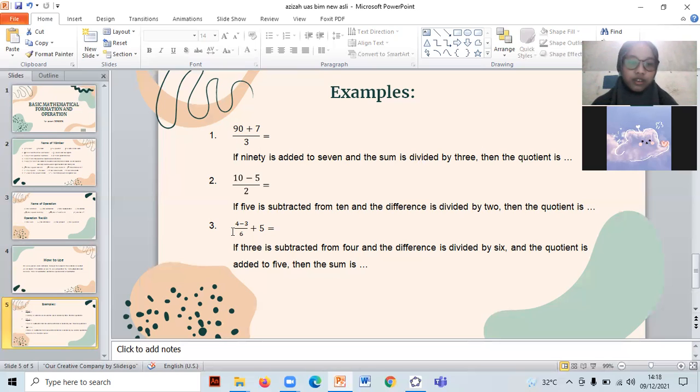Next, number 3, if 3 is subtracted from 4 and the difference is divided by 6, and the quotient is added to 5, then the sum is, okay.